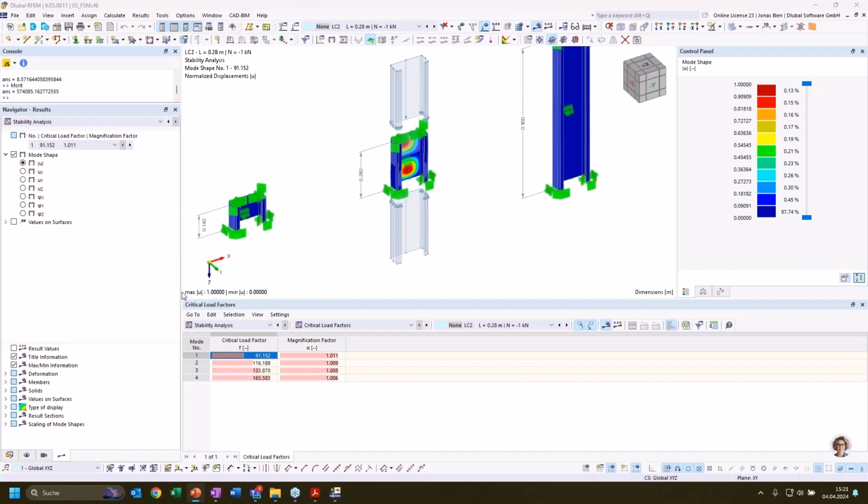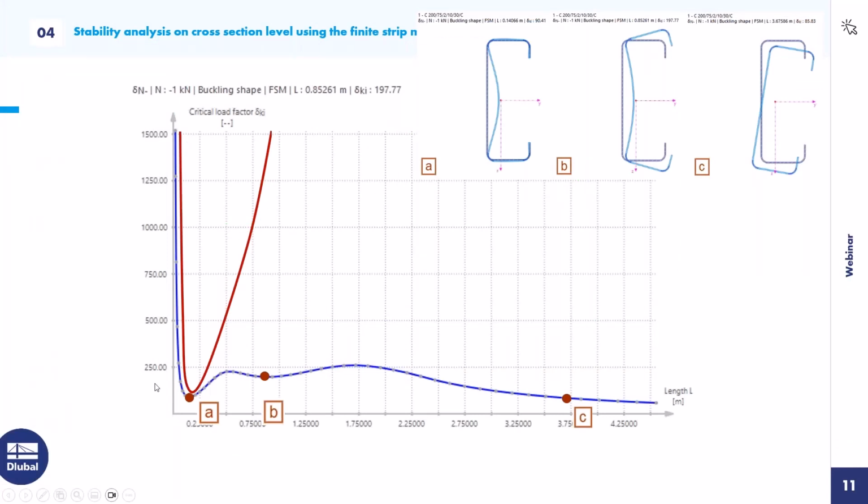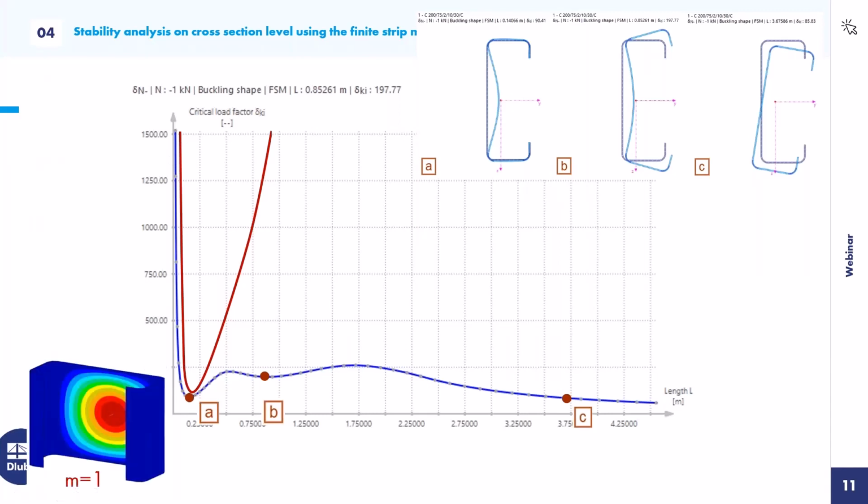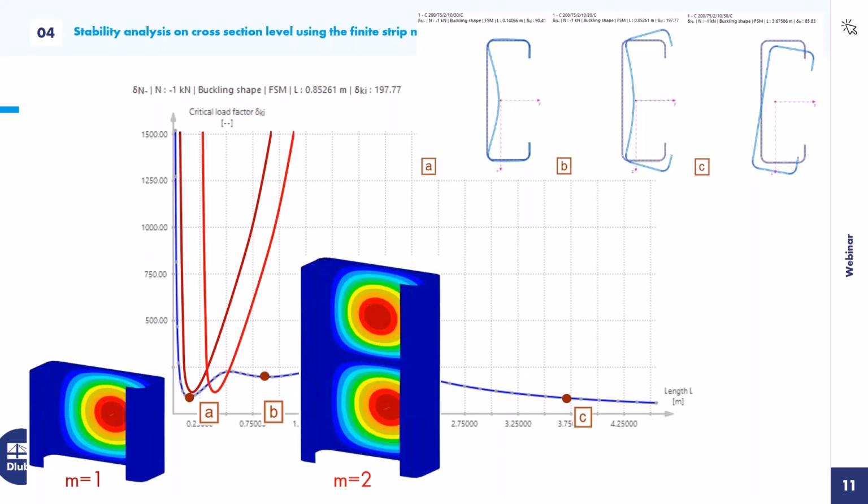And that's why we should keep in mind or assume that we not only have one curve for this local buckling with the bow-shaped deformation, but also a similar curve that has its minimum at a multiple of the first critical member length.